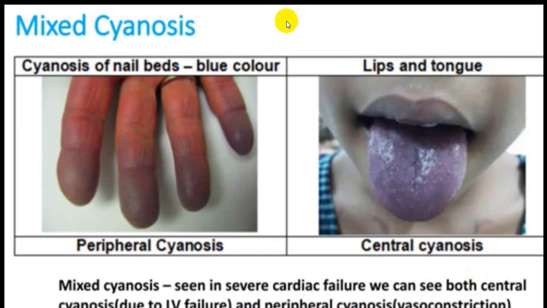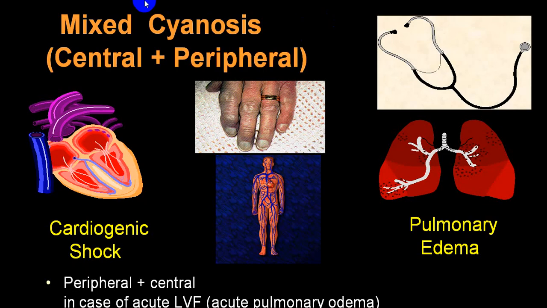That is characteristic of mixed cyanosis in severe congestive heart failure: you have central plus peripheral. Because of cardiogenic shock, you have peripheral cyanosis, and because of congestive heart failure, deoxyhemoglobin circulates in the blood and that will produce central cyanosis. And in congestive heart failure there will be pulmonary edema, which produces central cyanosis.